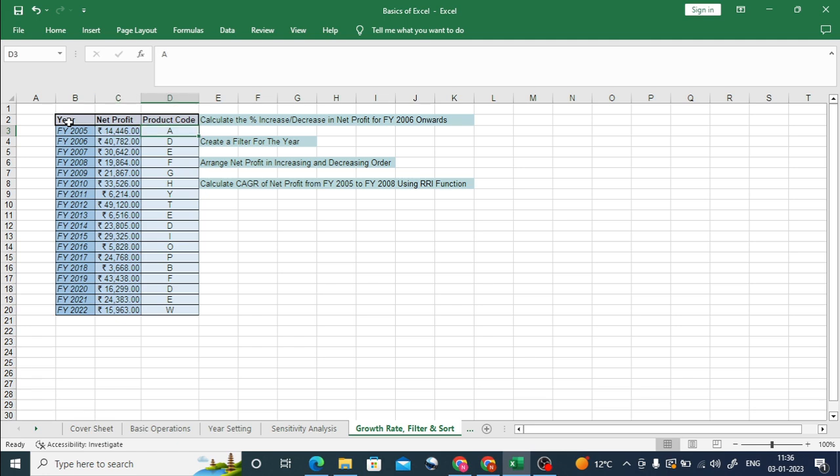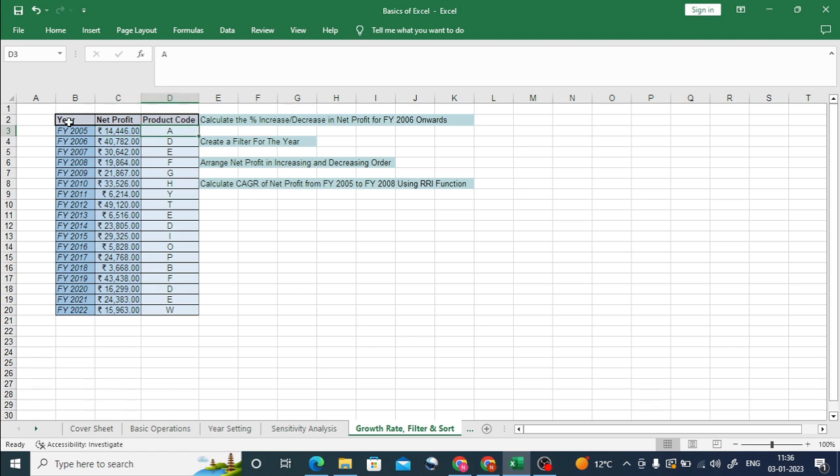Then we have the product code. That means if we have a product and its code is A, in financial year 2005, its profit earned from selling product A was 14,446 rupees.